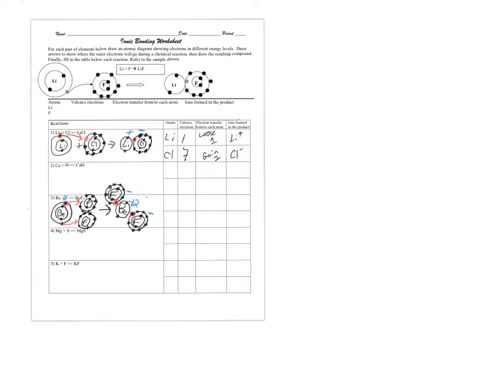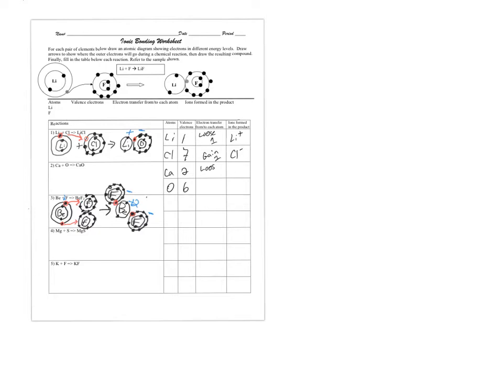And you can do the same down here. In fact, I'll fill it in for you. You go ahead and do the drawing. And that's a calcium and oxygen. And the valence electrons for calcium are 2. So there's 2 here, and this has 6 valence electrons. And this is going to lose 2.